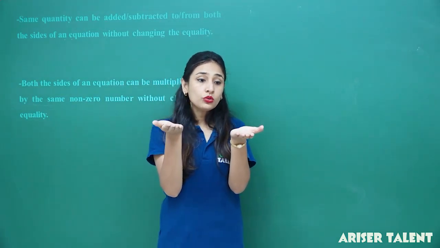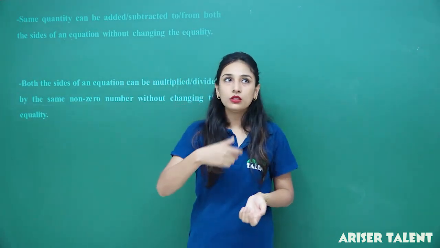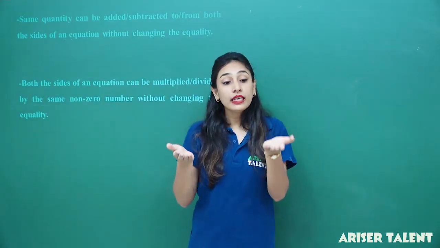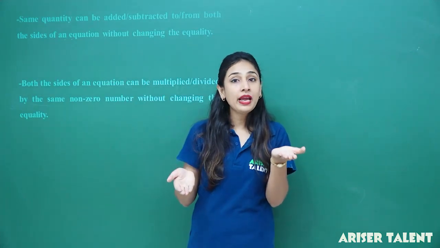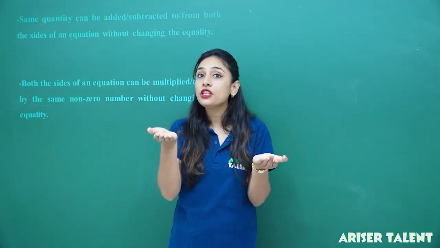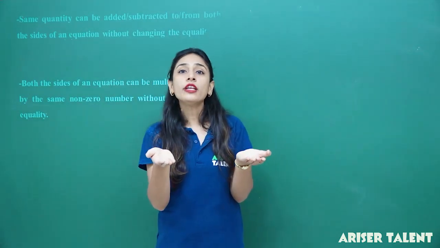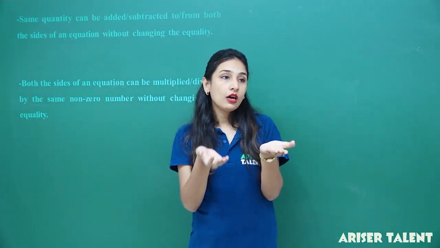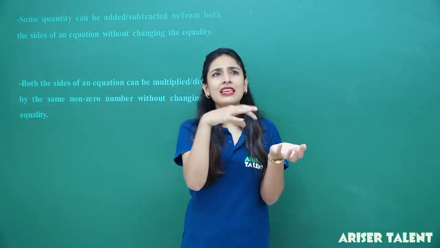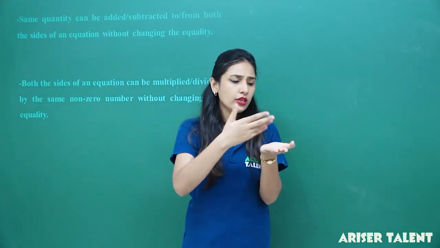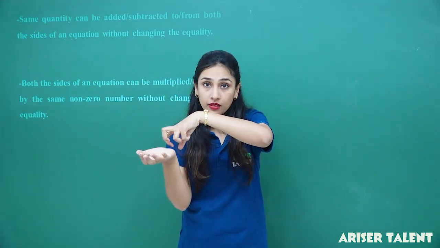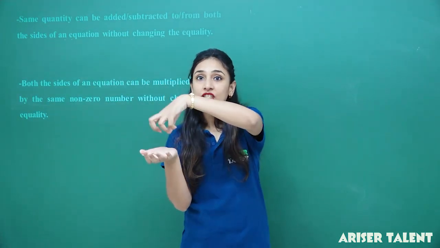Tarazu is a weighing machine. In that machine, this side has the 3 kg weight and this side has the 3 kg rice. Now I put 1 kg pulses here and 1 kg haldi, turmeric, here.